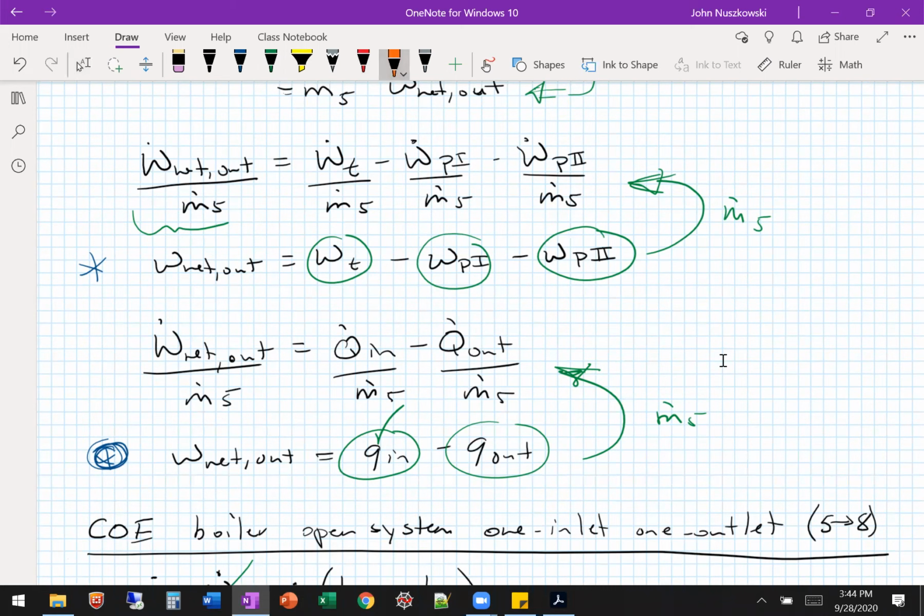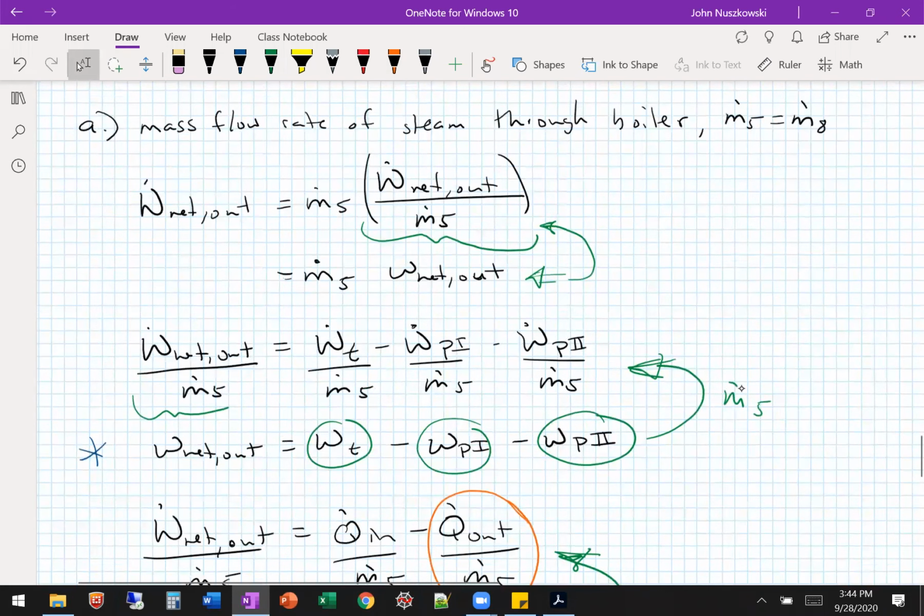No, I guess you divide out by mass flow rate 5. Yeah, to make the algebra correct, because we did the work net out by 5, the power net out by 5, and Q in by 5, that means we need to do Q out by 5 also. Right? Because from the algebra, we need it not at 5, but per unit mass flow rate of 5, right?